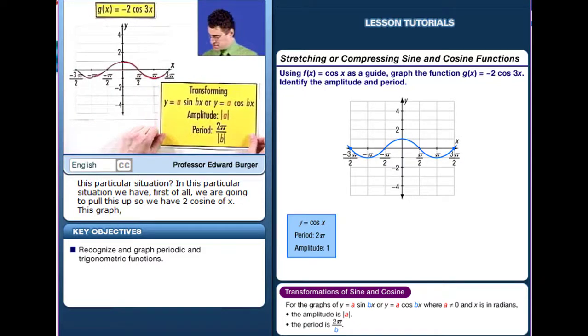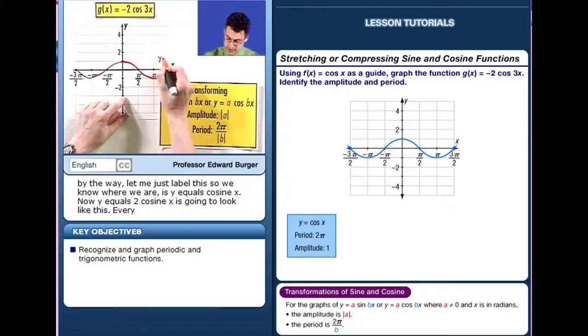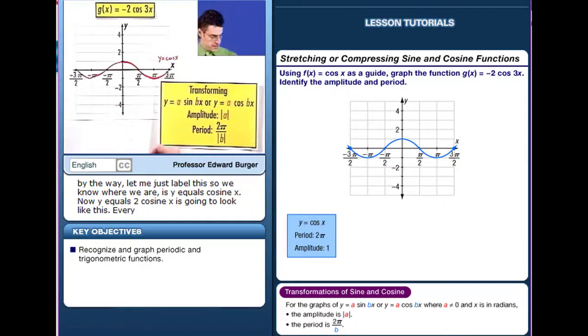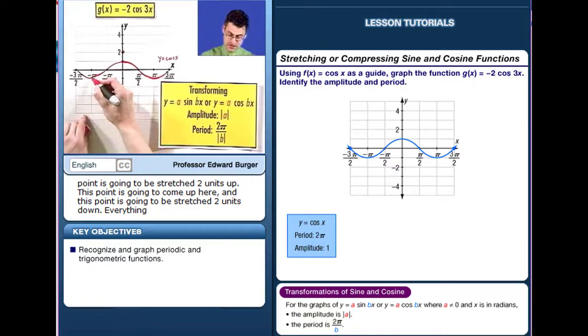First of all, we're going to pull this up so that we have 2 cosine of x. This graph, by the way, let me label it so we know where we are, is y equals cosine x. Now, y equals 2 cosine x is going to look like this. Every point is going to be stretched 2 units up. So this point is going to come up here. This point is now going to be stretched 2 units down.